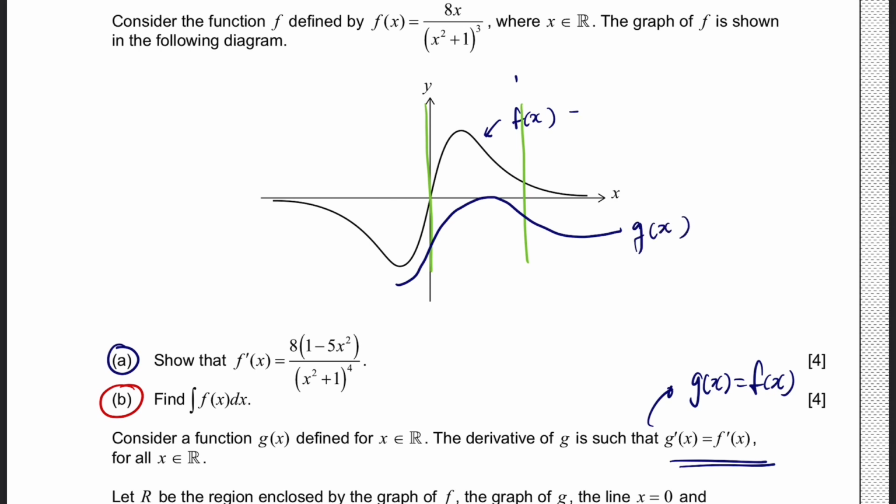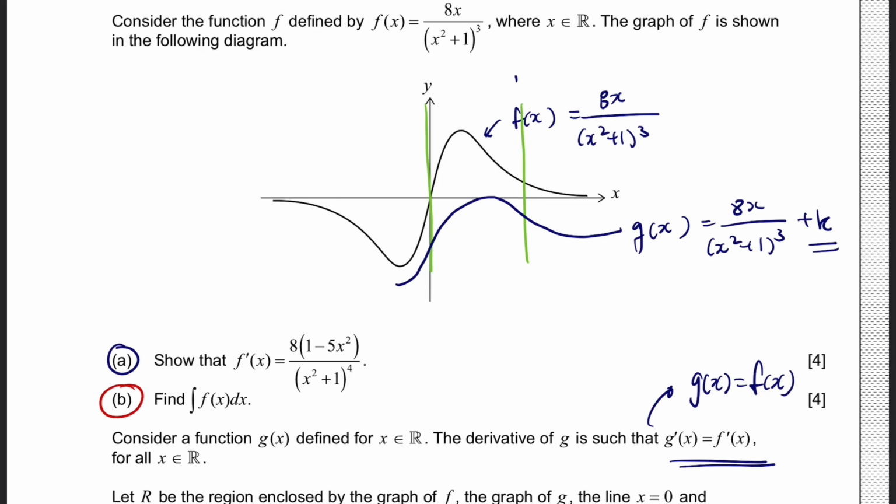Okay, we can say this is g of x. Then we can approximately set the equation: since f of x is 8x over x squared plus 1 to the power of 3, g of x is 8x over x squared plus 1 to the power of 3, and since it might have moved up or moved down, we can add an extra k there, so we can identify the location of g.